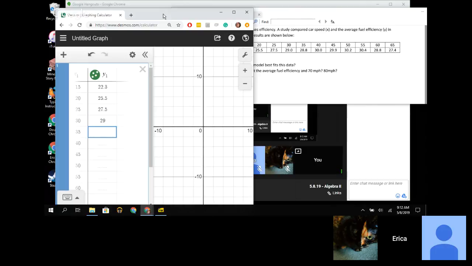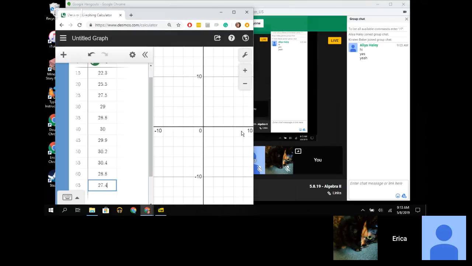We're putting our data into this graph, into the Desmos. Okay. So what I've done is I took the data from my problem and I entered it into Desmos into a table. Okay, so now most of my work is going to be in Desmos.